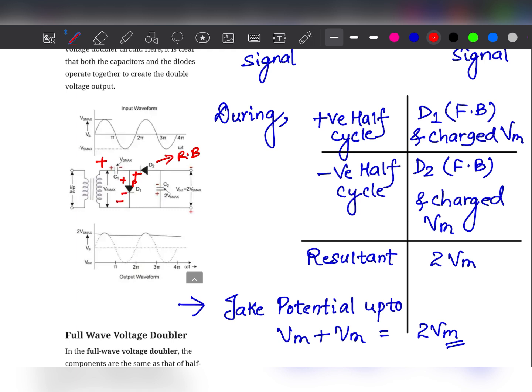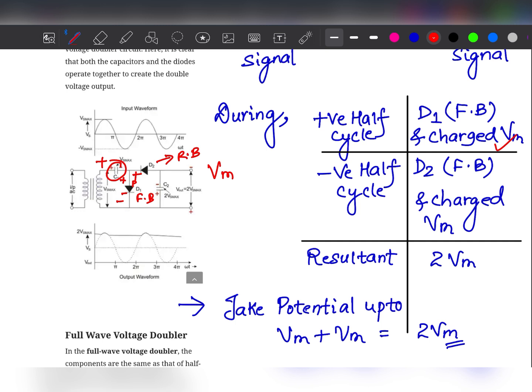So diode D1 is forward biased, and C1 will be charged to a potential of Vm, the maximum value of the AC input.